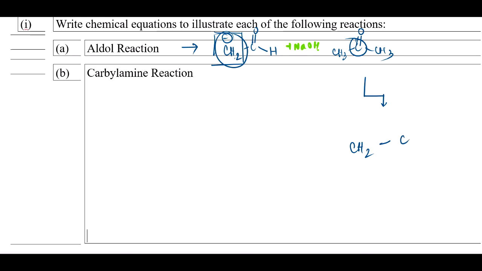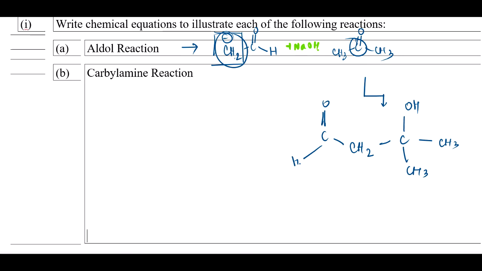Then we will get this type of thing: here OH will be here, to CH3, and that CH2 group is attached to another aldehyde. In the next step, dehydration may happen. One hydrogen can go out, and from here OH may go out and a double bond may form here. So this will be the aldol reaction. Basically here we are getting the aldol, OH, and the carbonyl group also present. So this one will be the aldol reaction.